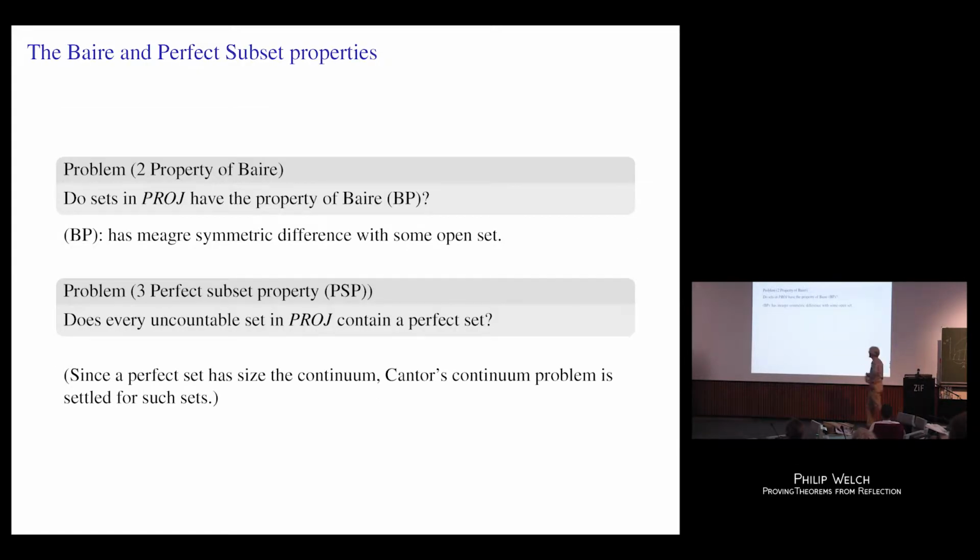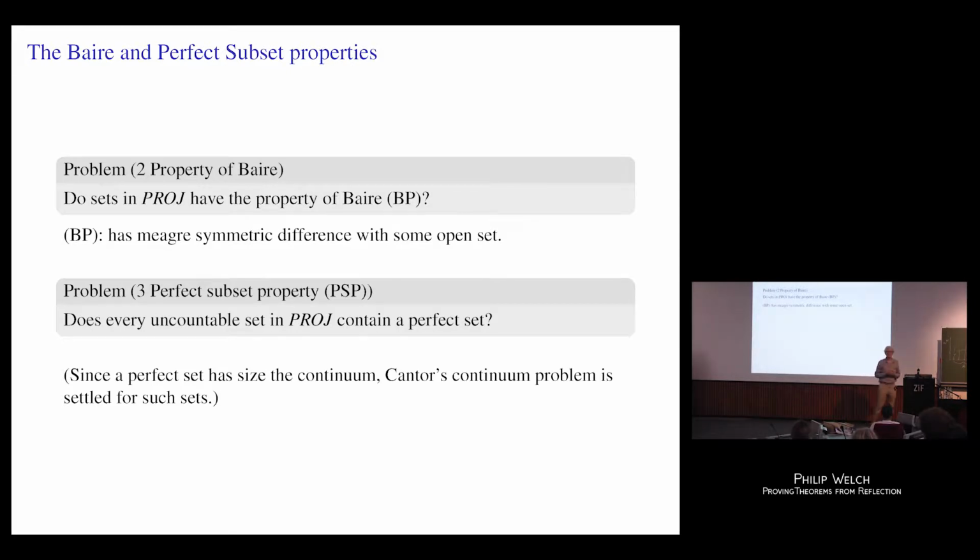Okay, so I'm going to list here four or five problems or questions about these projective sets. First, the property of Baire. You can ask whether a projective set has the Baire property or not. That means it's going to have meager symmetric difference with some open set.